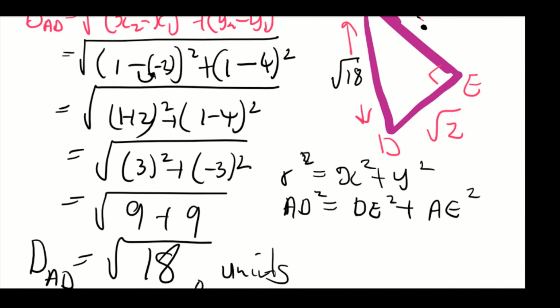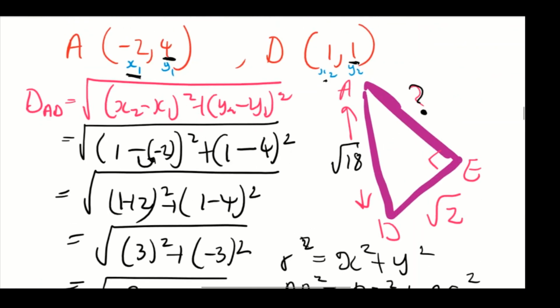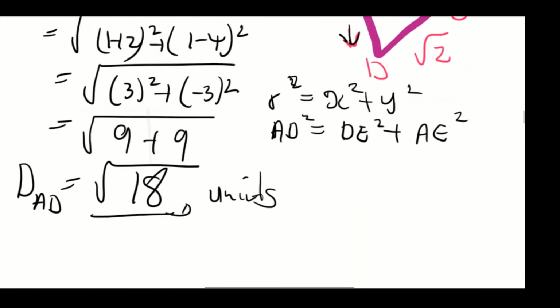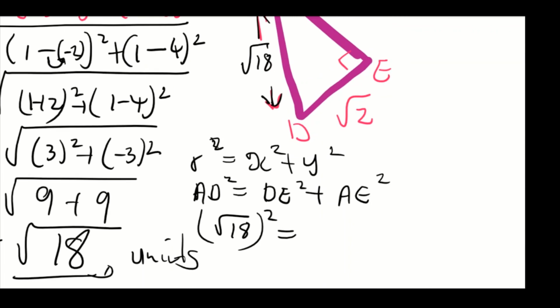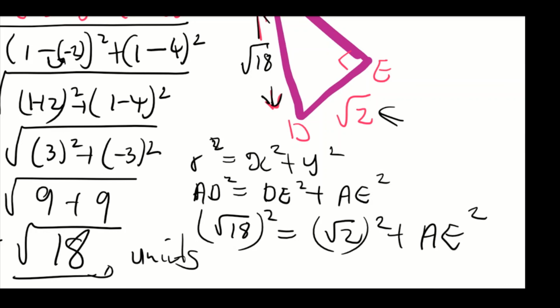So AD, which is this side that we just calculated, is equals to root of 18, right? So it's going to be root of 18 all squared equals to our DE, which is what we know here, being root of 2 squared plus AE squared, which is what we are looking for.